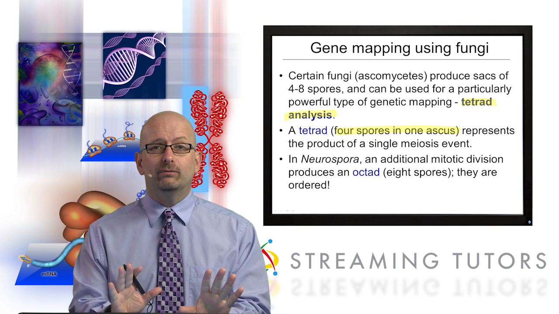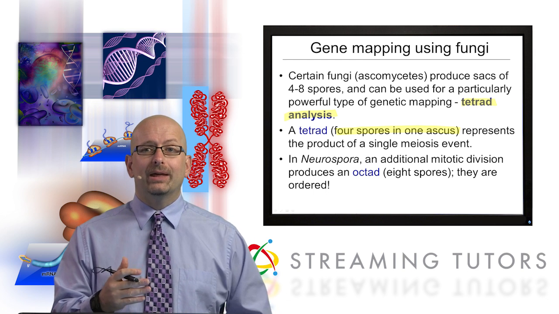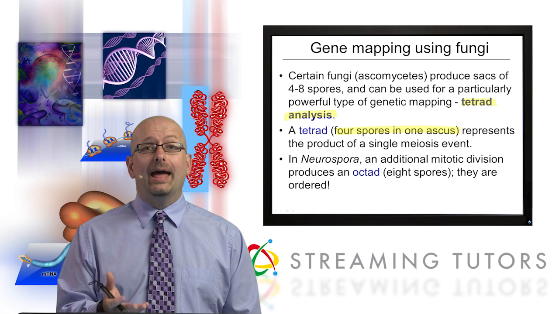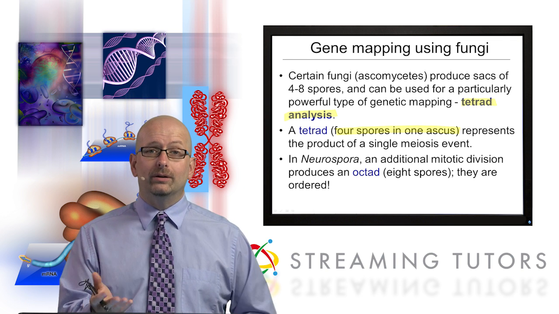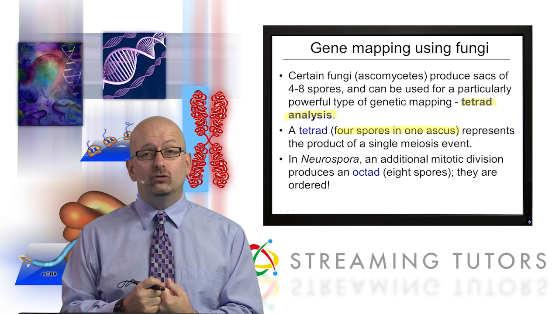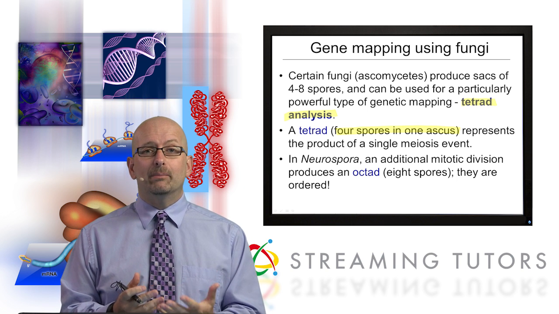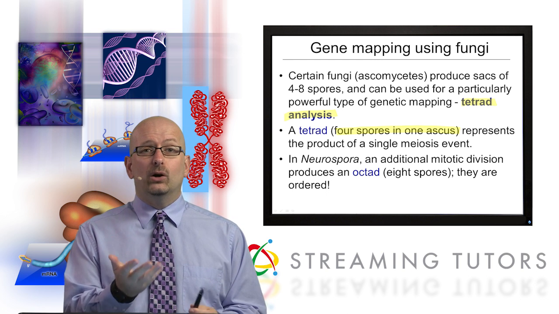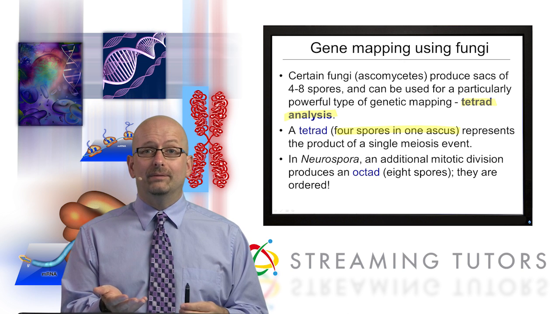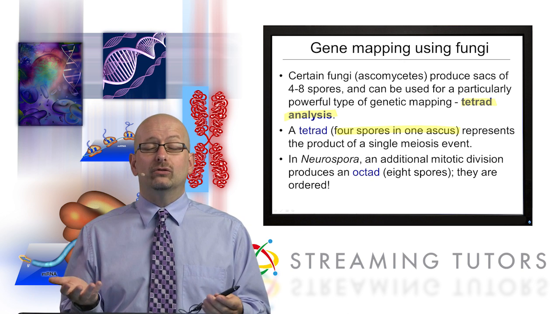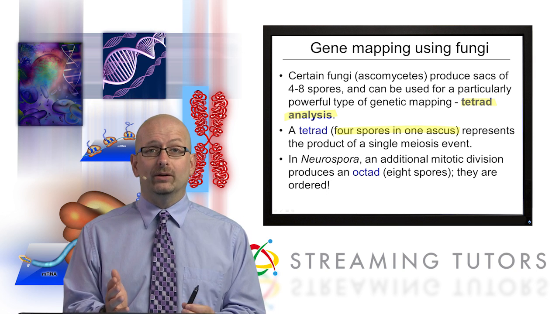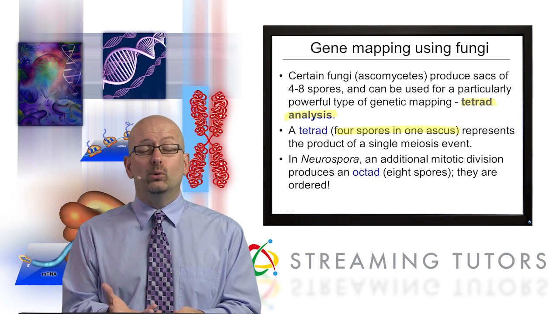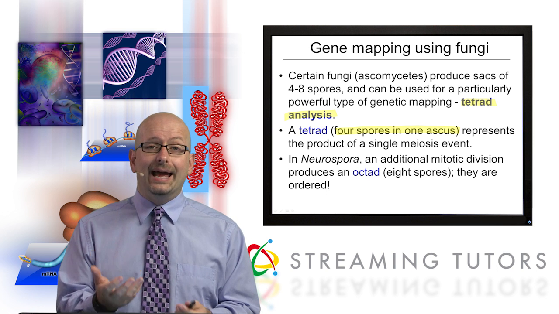So just think for 1 second about what we've been doing. If we do mapping, say in Drosophila, we're actually counting offspring, right? And those offspring are representative of certain combinations of gametes going together. But the reason the numbers never match exactly, like the parental classes, etc., is because meiosis is going on in hundreds, if not thousands and millions of cells, and it depends on the organism, but ridiculous amounts of meiosis is going on, and then all the gametes sort of end up in one pool, and they randomly connect with another gamete.